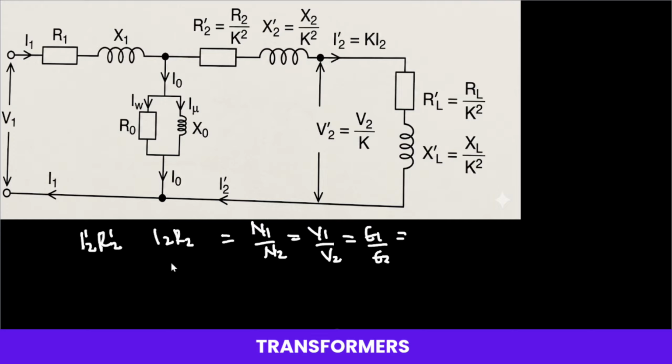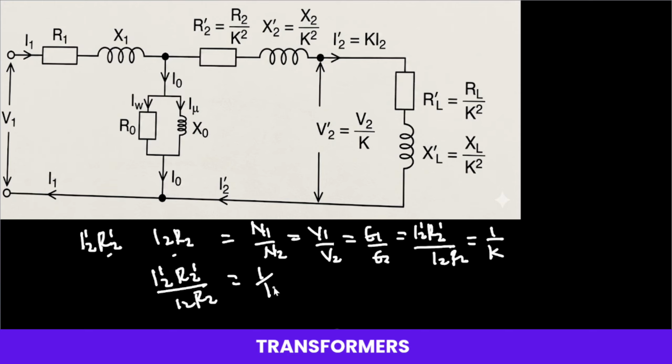So the ratio of these two must be equal to I2 prime R2 prime all on I2 R2, because this is the voltage drop within the primary and this is the voltage drop in the secondary, and this is the same as the turns ratio. The turns ratio is the reciprocal of the transformation ratio, so it's 1 on K. So we can see that I2 prime R2 prime all on I2 R2 is the same as 1 on K squared.